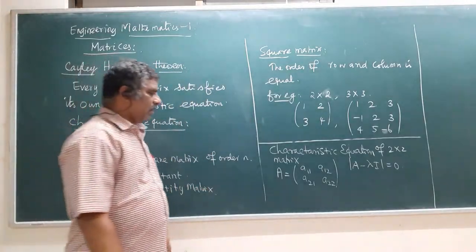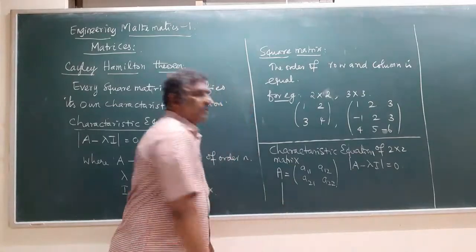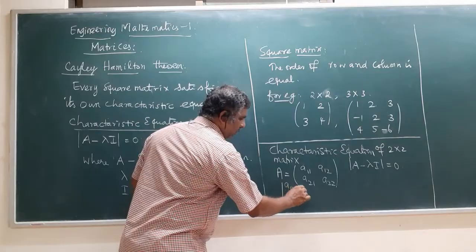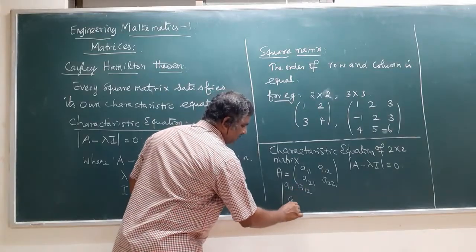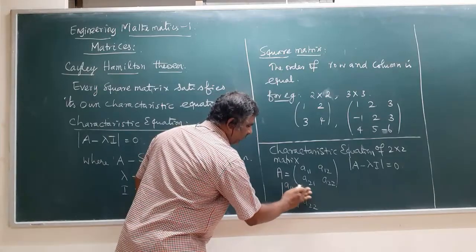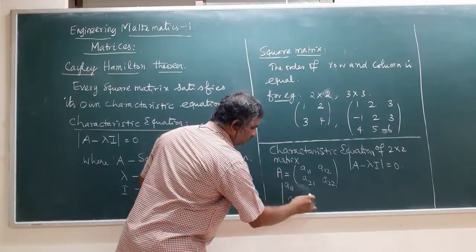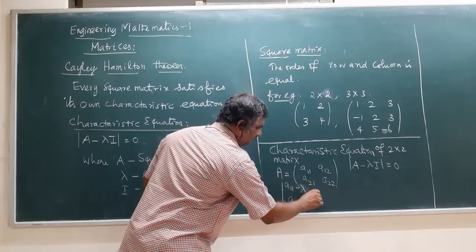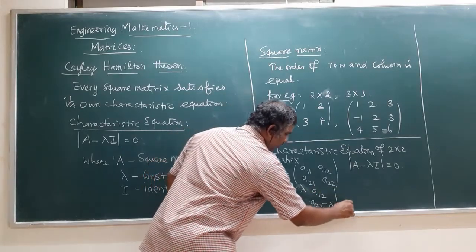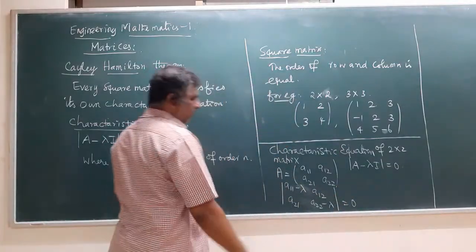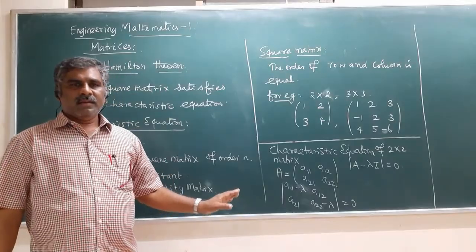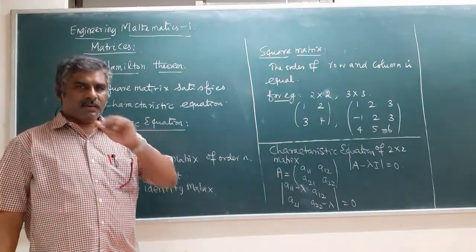Very simply, take the determinant, write the matrix, and in the diagonal elements you put minus lambda, that is equal to 0. It is called the characteristic equation of order 2.